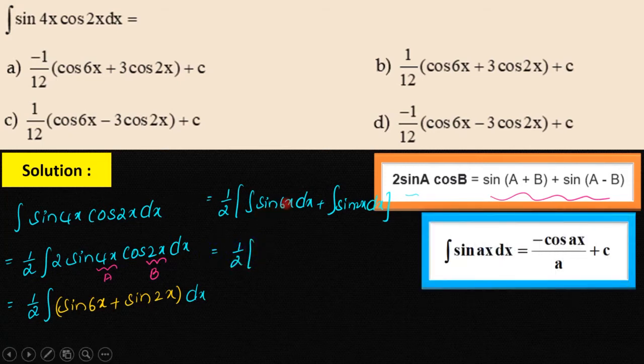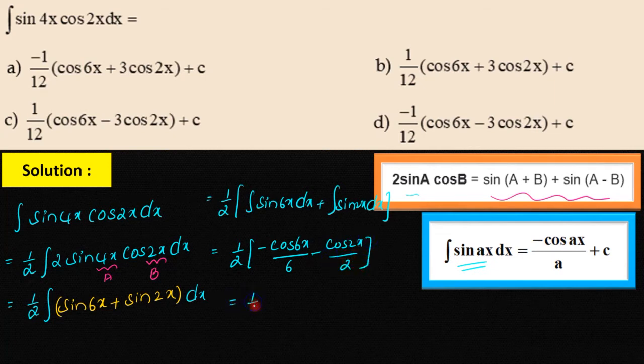We know that integration of sin ax is minus cos ax by a plus c. Here minus cos ax, that is 6x, divided by a, that is 6. Here integration of sin 2x is minus cos 2x divided by 2.